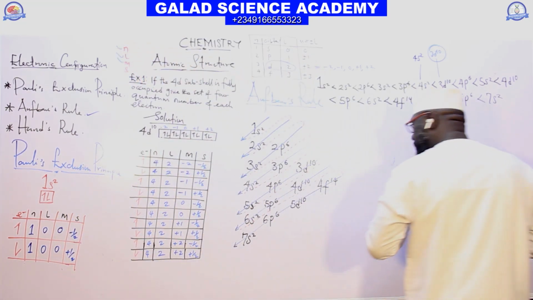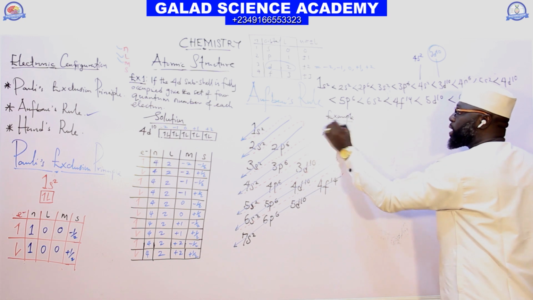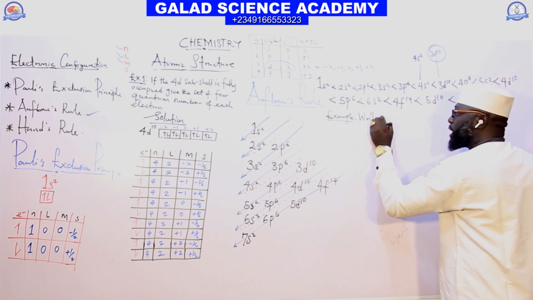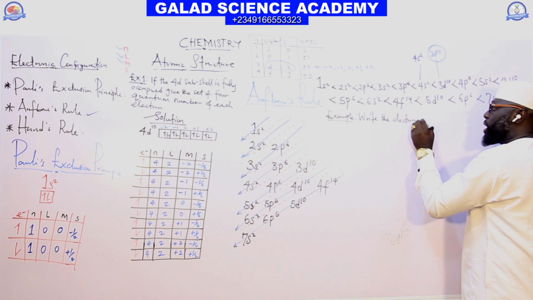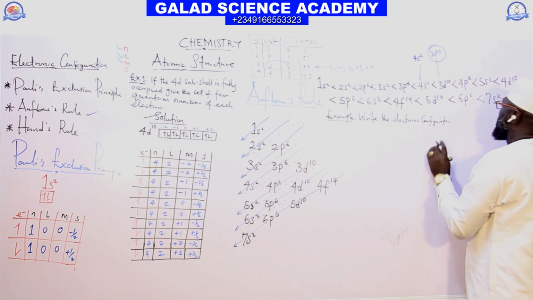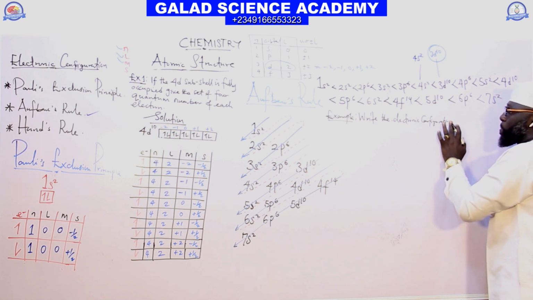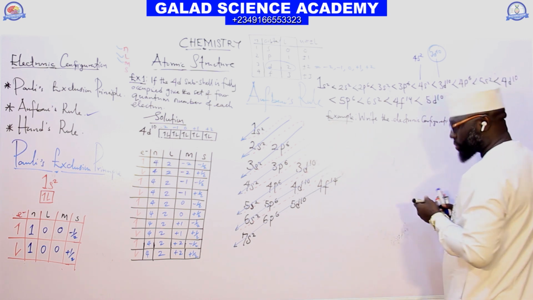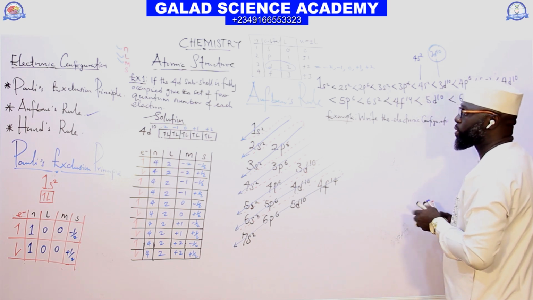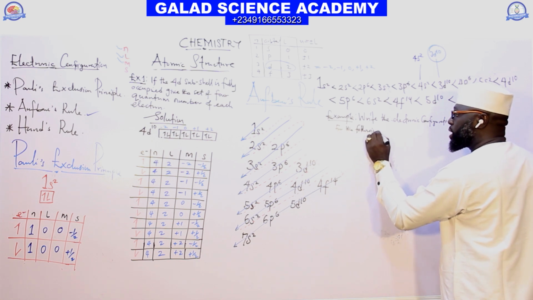Example: write the electronic configuration for the following elements.